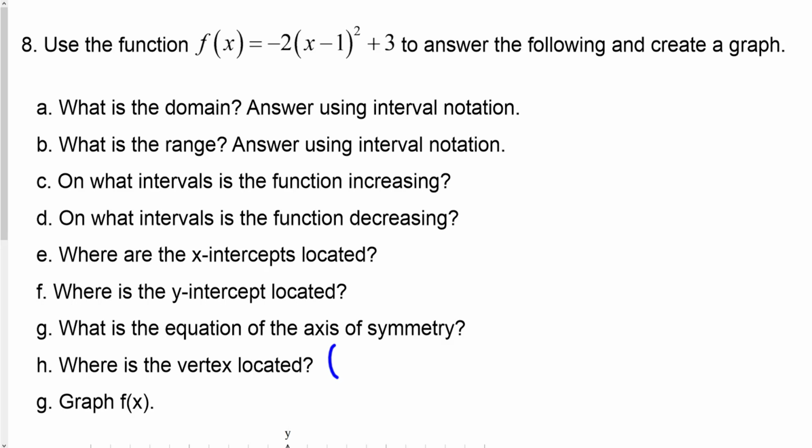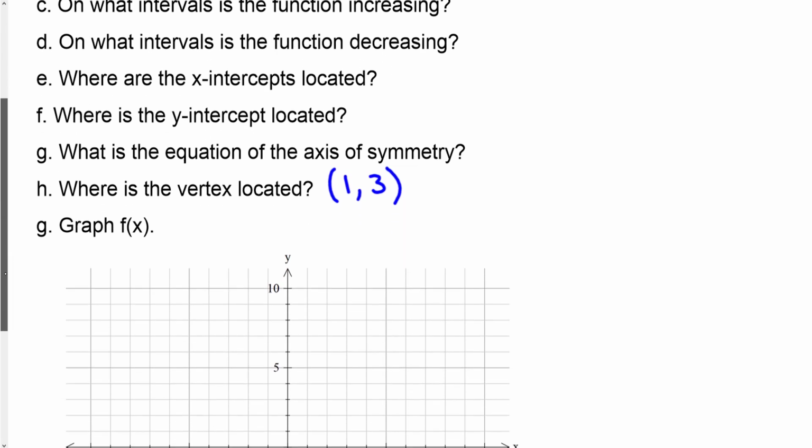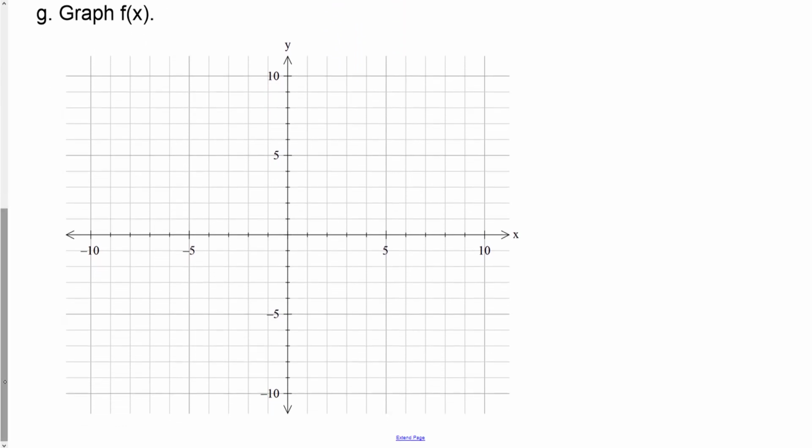The number subtracted from x is 1, so that's a shift by 1 unit. And then I have a plus 3 on the outside, so my vertex is at 1, 3. So I can come down here and just graph that particular point and start there. So 1 on the x, 3 on the y.